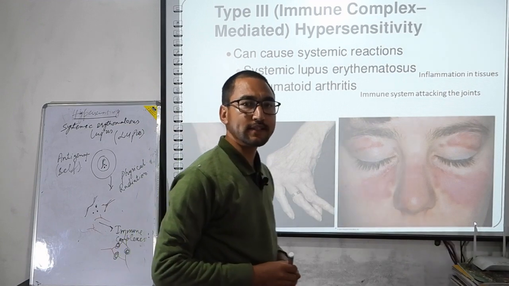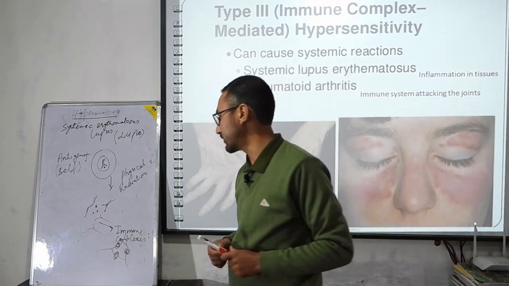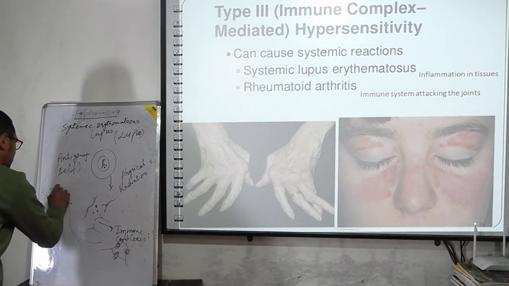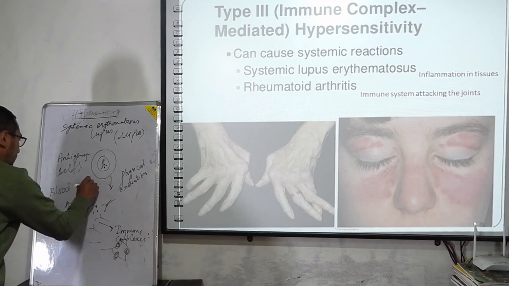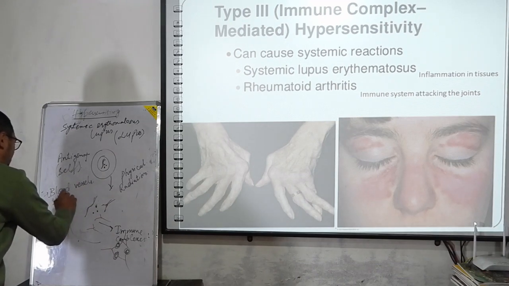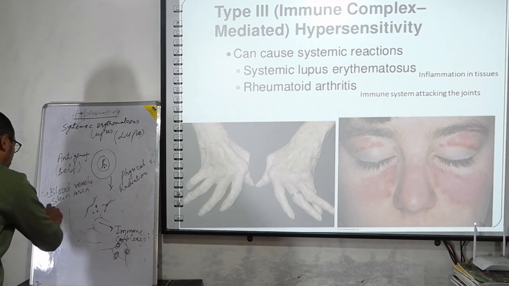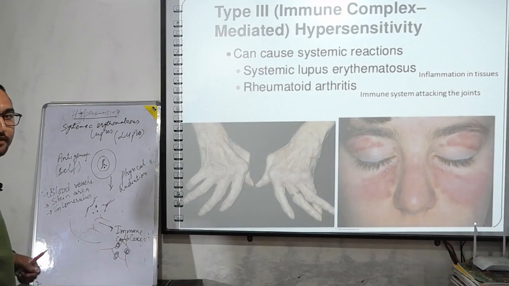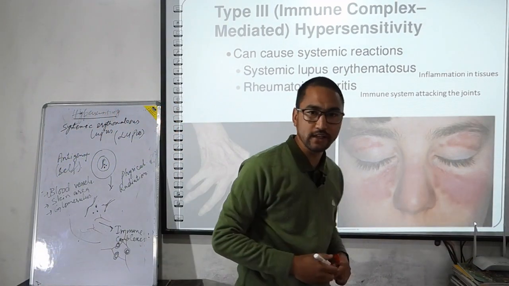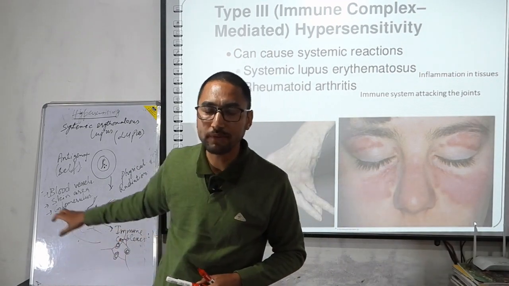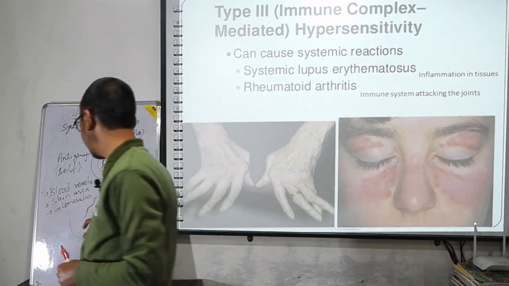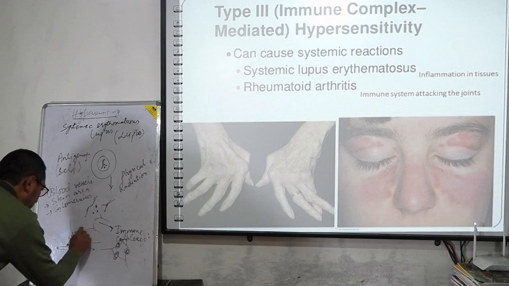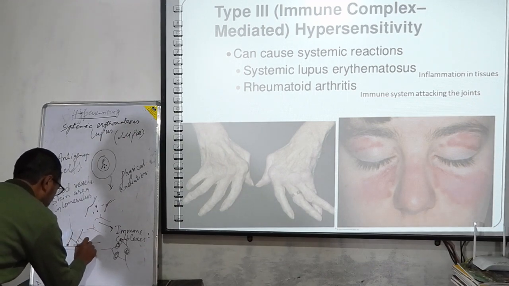Now these immune complexes move on to certain areas of the body. As I've already said, they can move on to blood vessels, or the skin area, or the glomerulus. These are certain areas of the body where these immune complexes will migrate. After migration of these immune complexes to that area, they start complement system activation.